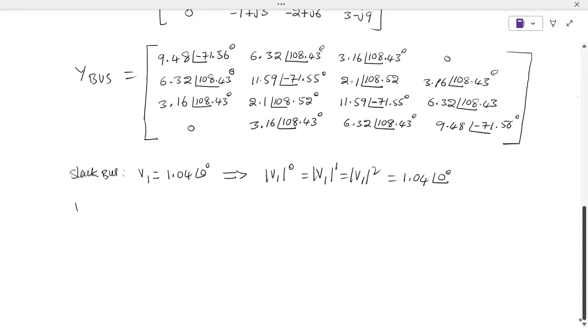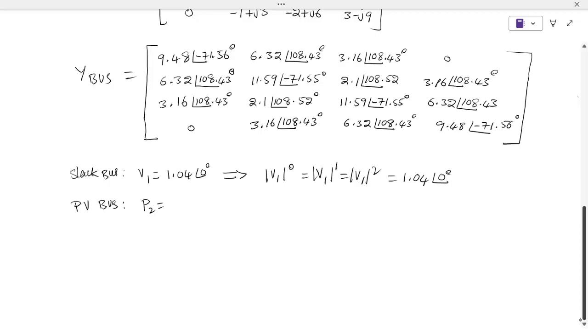Now, the PV bus. They have given the real power value P2, because the second bus is the PV bus.